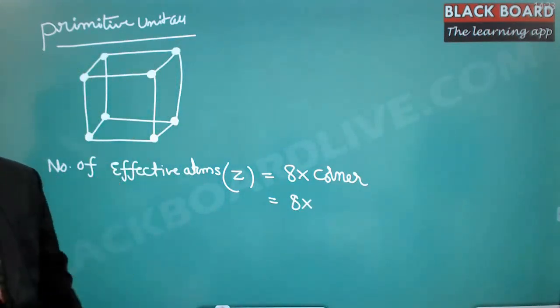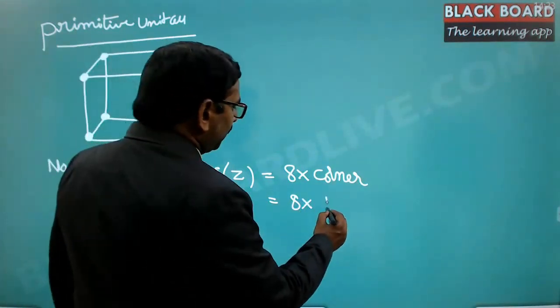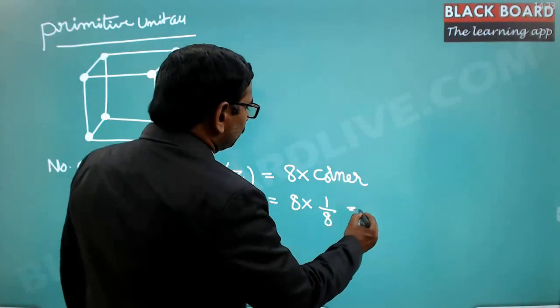It is a cubic system. Only in a hexagonal system it is 1 by 6, but in a cubic system it is 1 by 8. So 8 into 1 by 8 is equal to 1.